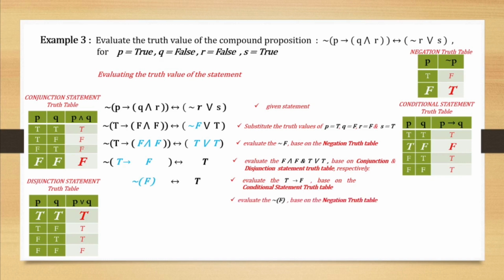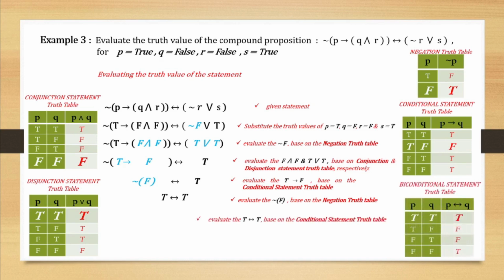Then as what you can see also, before we proceed to our biconditional operator, we have to negate first the false. So we have the negation of false, using the negation truth table, that is now true. As we are going to update our statement, it becomes true if and only if true.